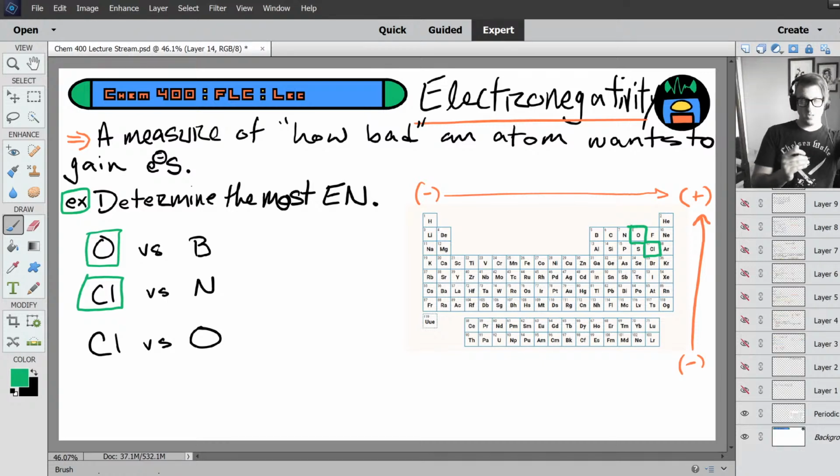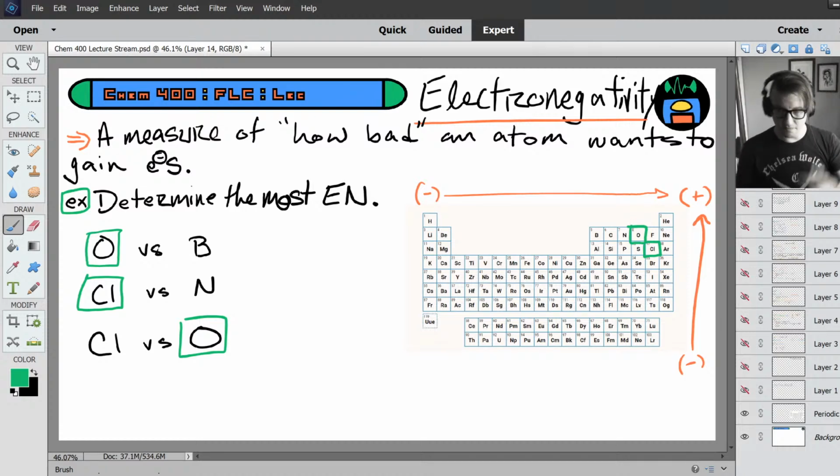When you have one that's one space higher, the other element that's one space further to the right, in that instance, you take the higher one. All right? Whichever one's higher in that case will win out. If it's a different distance, if one is two further to the right, that one will be more electronegative. But when it's 1-to-1, the higher one wins the tie. All right? And that is electronegativity.